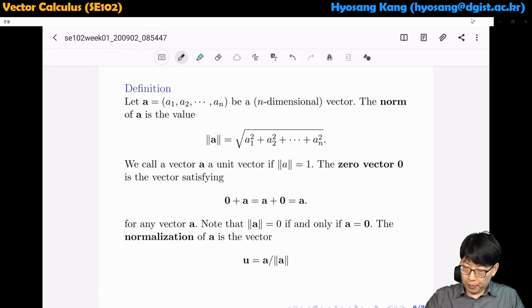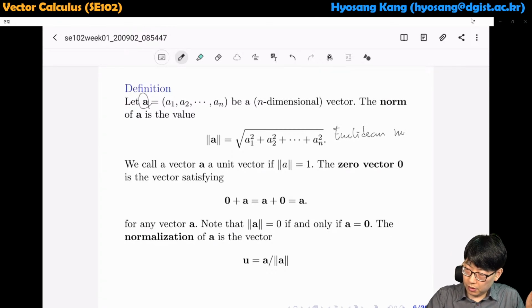Suppose we have a vector. Okay, so a is a vector, and we can define a norm, which means the length of a vector, as the square root of the sum of squares. This is in fact called the Euclidean norm. You can define a different norm in a different way, but we're not going to talk about general norms here. We always talk about the Euclidean norm.